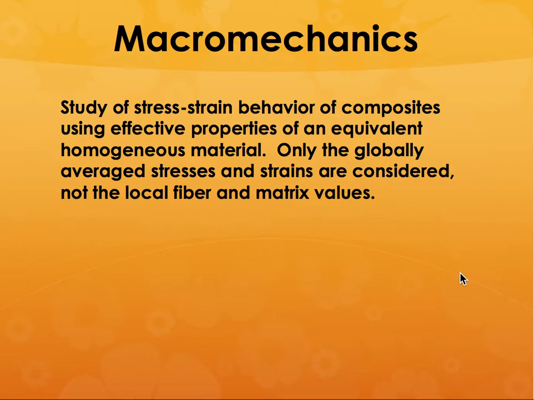Macromechanics is the study of the stress strain behavior of composites if we know the effective properties of an equivalent homogeneous material. In this case, we only look at the average stresses and strains, and we do not evaluate the local fiber and matrix properties.